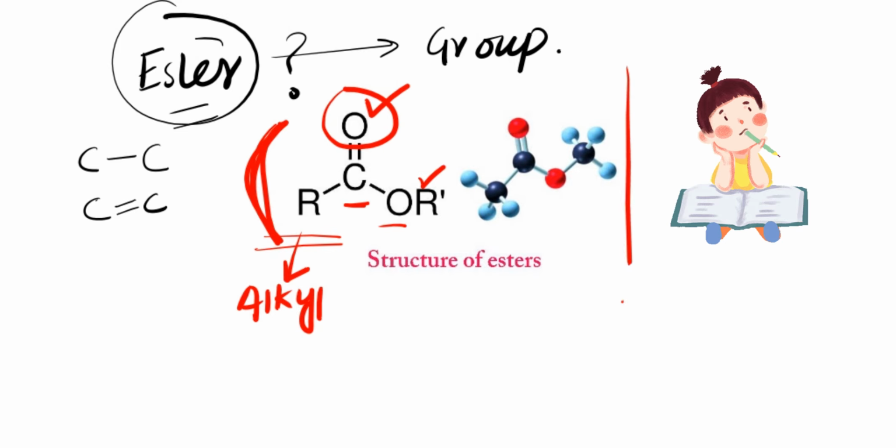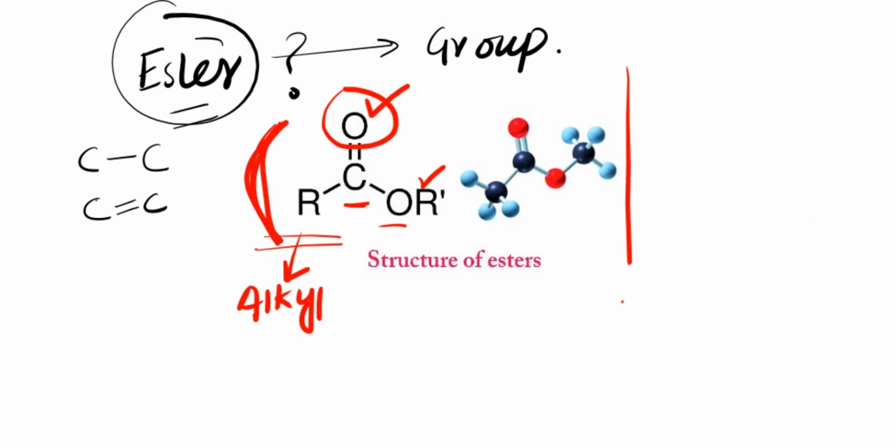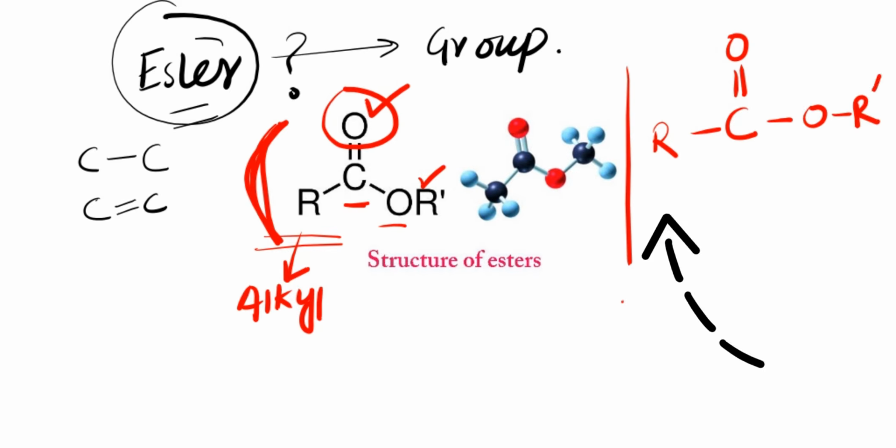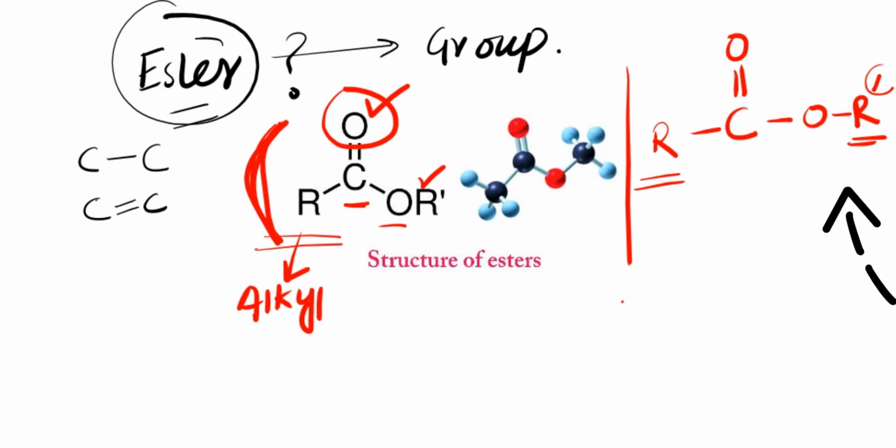I already told you, an ester is basically a carbon group attached with a double bond to oxygen, a single bond with one alkyl group, and a single bond with another oxygen, which is again attached with another alkyl group. We differentiate between this alkyl group and this alkyl group with this single bar. So this is basically the atomic structure of ester.